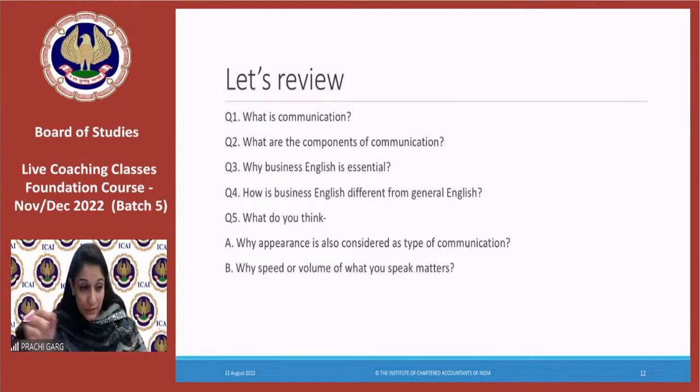If you're angry and you're trying to use good words to calm the situation, but your voice actually says that you're very angry, your style of speaking tells that you're very angry. So even if you're not expressing that in words, your tone and your style of speaking tells somebody that you're very angry. So that is paralanguage.